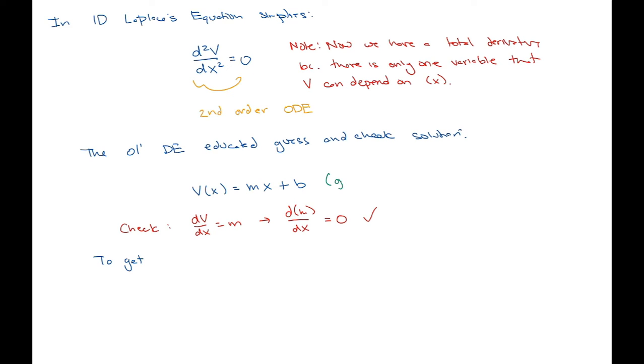This would be the general solution, which means it works generally for many cases, but to get a specific solution rather than a general one, we need to figure out what m and b are, okay? So in order to do that, we need some boundary conditions, okay?